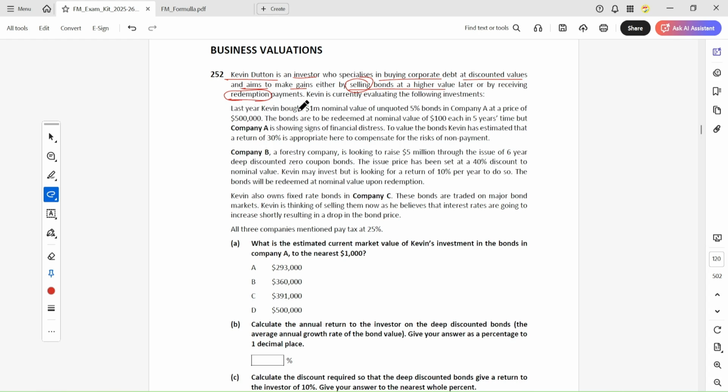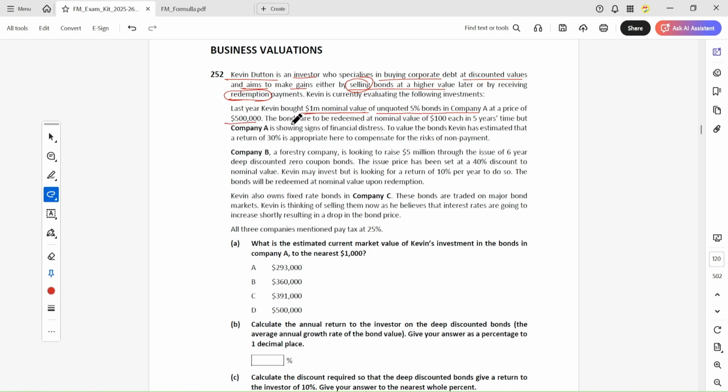Last year Kevin bought $1 million nominal value of unquoted 5% bonds in company A, at a price of this.